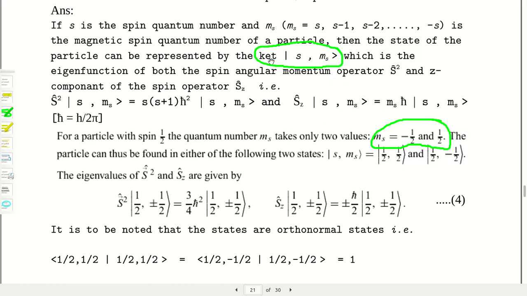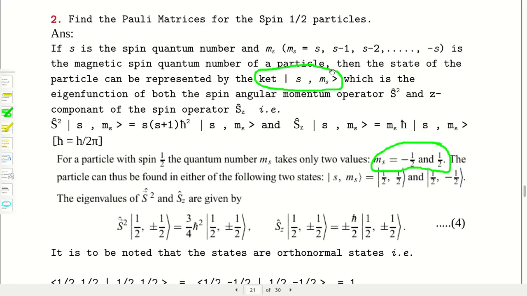So the basis ket is written as s comma ms. Two types of basis kets are there: one is half comma plus half and the other is half comma minus half, because s is always half, while ms can be plus half or minus half.